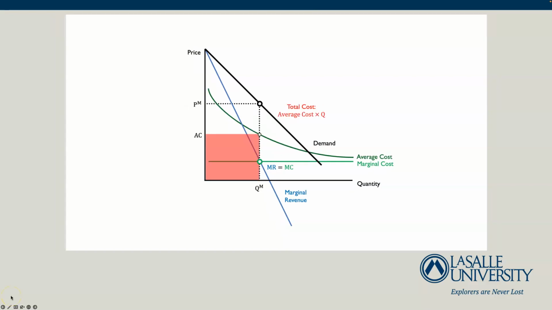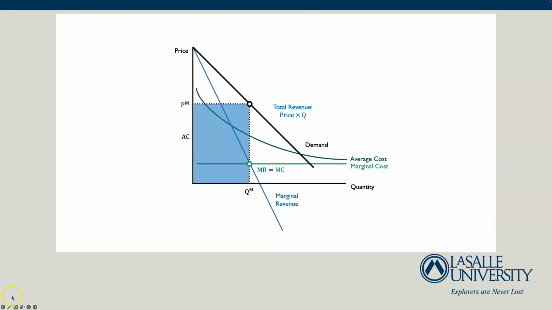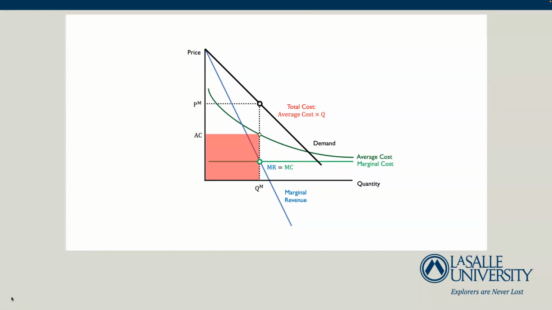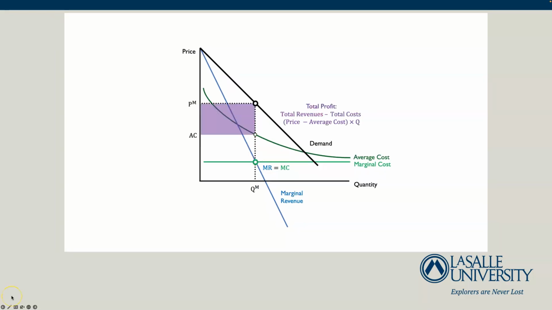And for that level of output, we can go up to the average cost curve, figure out the cost per unit at that level of output, AC, and total cost would be AC times Q. So with this total revenue and that total cost, the difference between the two would be the firm's total profit.